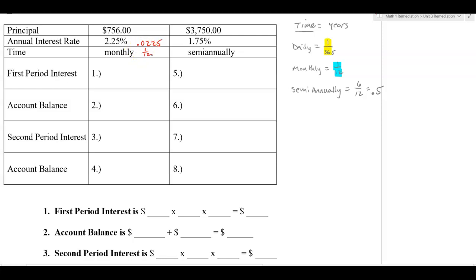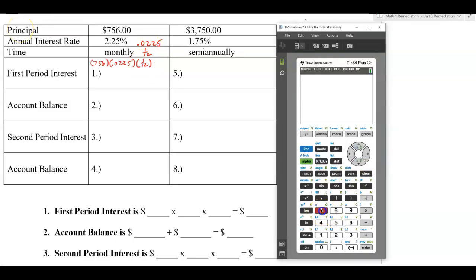So for the first period of interest here, I would take the 756 and multiply it by 0.0225 times my time, which is 1/12. So when I go to calculate this, I can do 756 times 0.0225 times, in this calculator, if I hit alpha y equals and then hit enter for the first one, I can do 1/12.